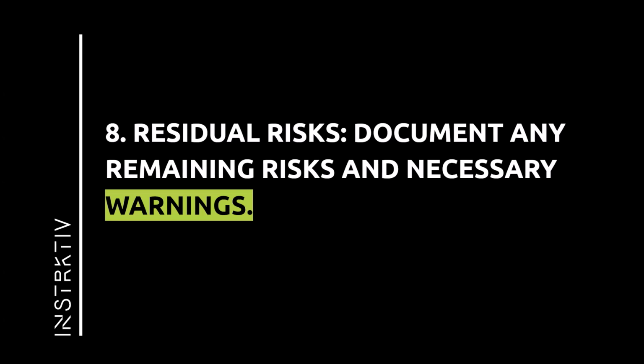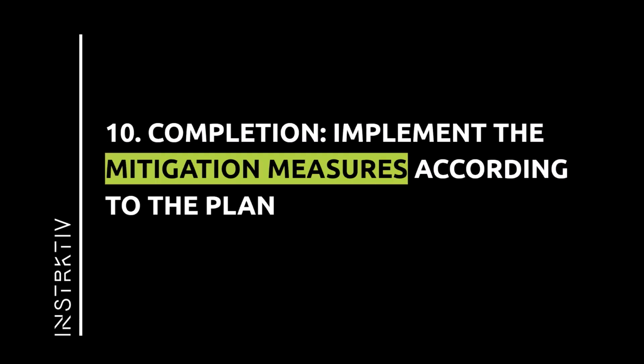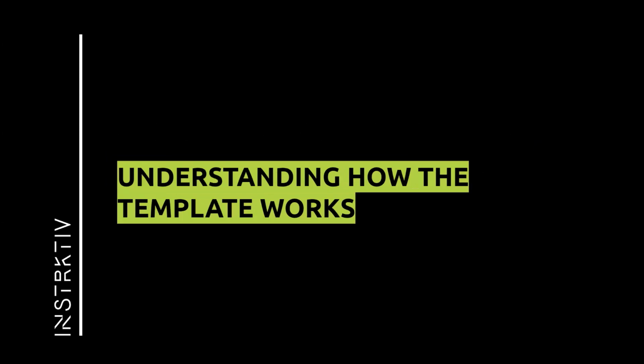Then you document the remaining risks and the necessary warnings or safety instructions to be included in the user manual. And then you have a final evaluation. So you confirm that the residual risks are acceptable. And accordingly, the completion: you implement all the mitigation measures according to the plan.